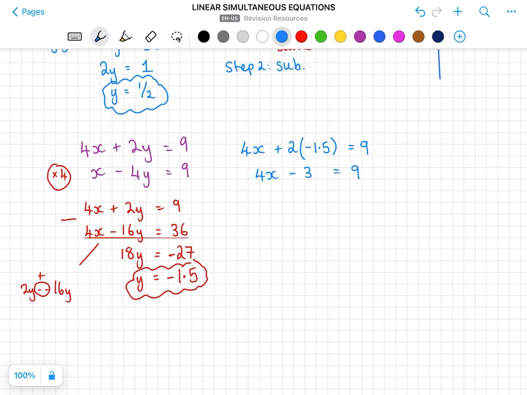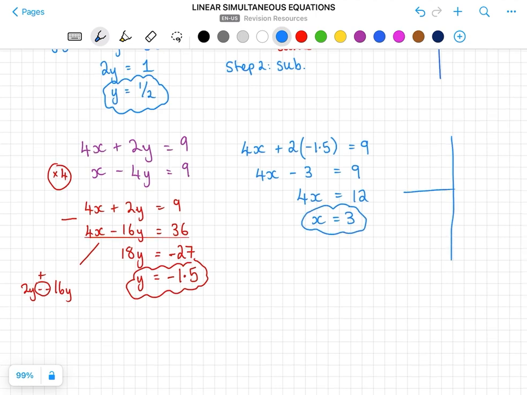We add the 3 to both sides and we get 4x equals 12. Divide both sides by 4, x equals 3. So that's to say, graphically speaking, for our equations here, they intersect at the coordinate 3, minus 1.5.